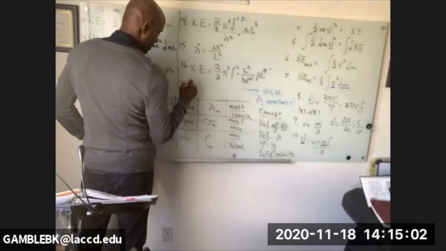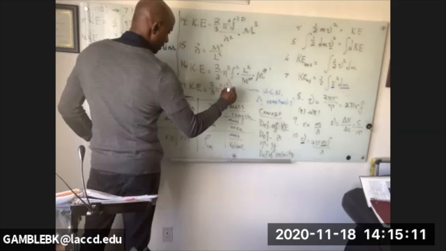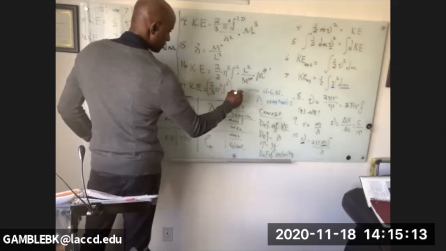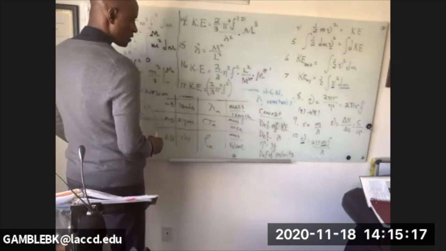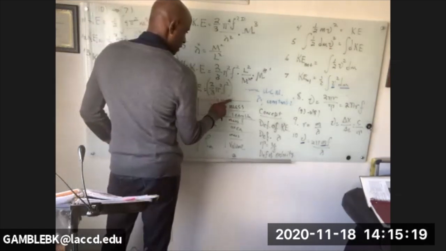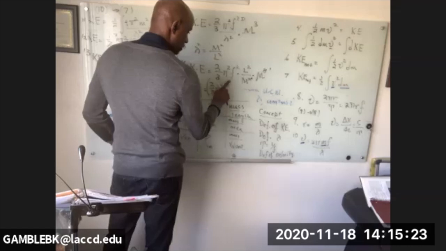So 17. So kinetic energy equals 2/3 pi squared f squared. I'm going to put all that stuff in parentheses. Actually, let me do it this way.